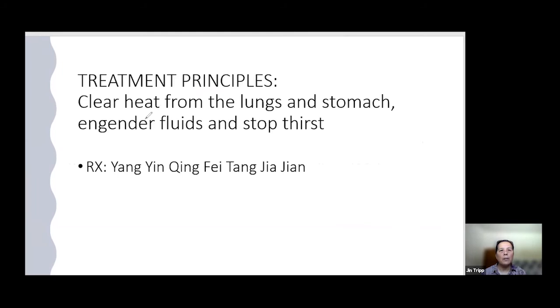So our treatment principle, certainly we need to clear heat. The heat is mainly in the upper jaw and the middle jaw, and then generate some body fluid and stop thirst.